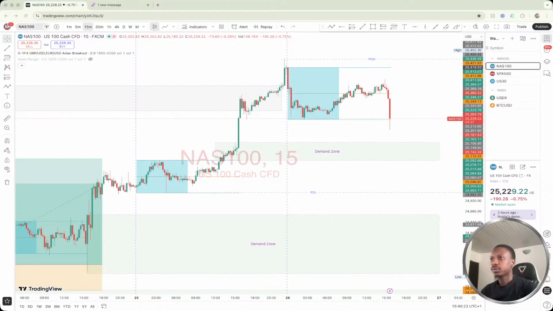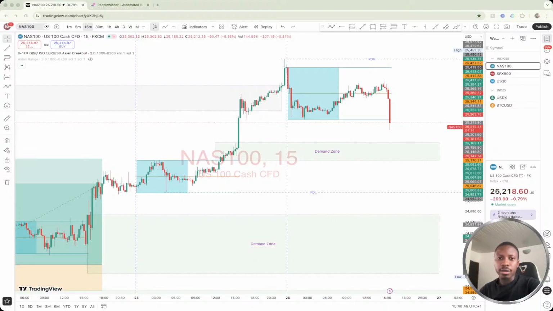Alrighty, let's see. Hopefully we get Nasdaq to enter our demand zone. If we don't get an entry in this session, we'll just wait until Nasdaq can give us a proper setup.